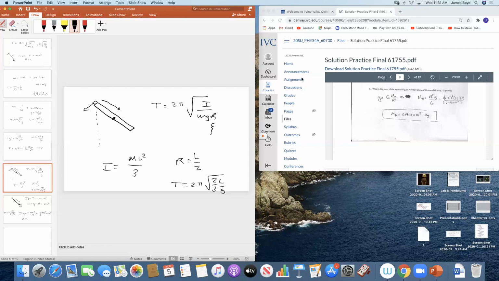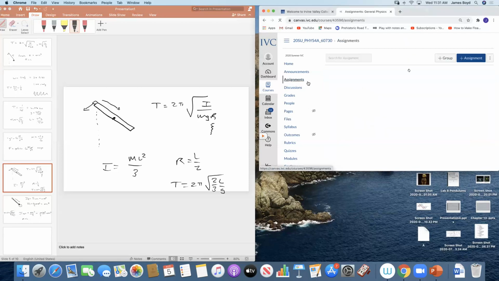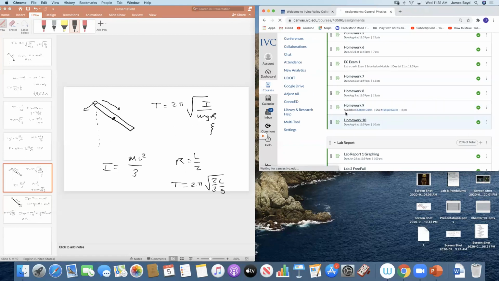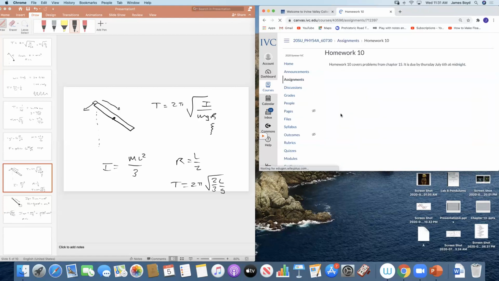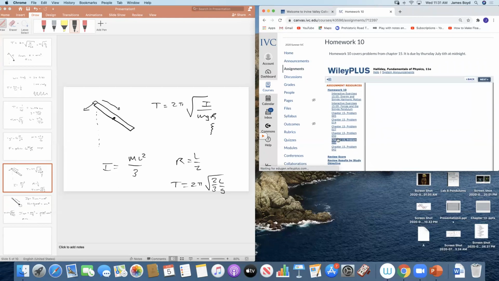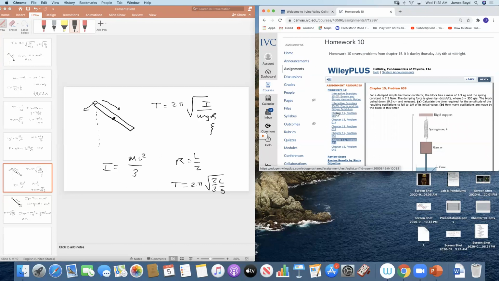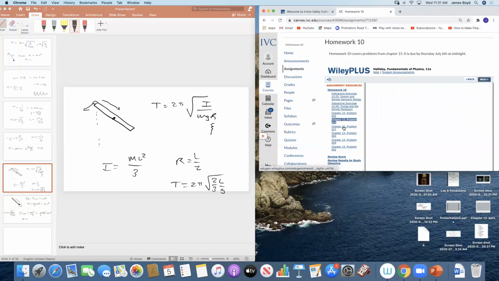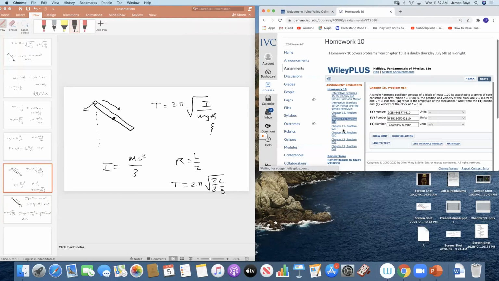If you go to the homework, we had a few pendulum problems in the homework. That was homework 10. And these pendulum problems, I believe, were towards the end. Nope, they were towards the beginning. You also have these interactive exercises on pendulums that can take you through just to make sure that you understand the forces on a pendulum.